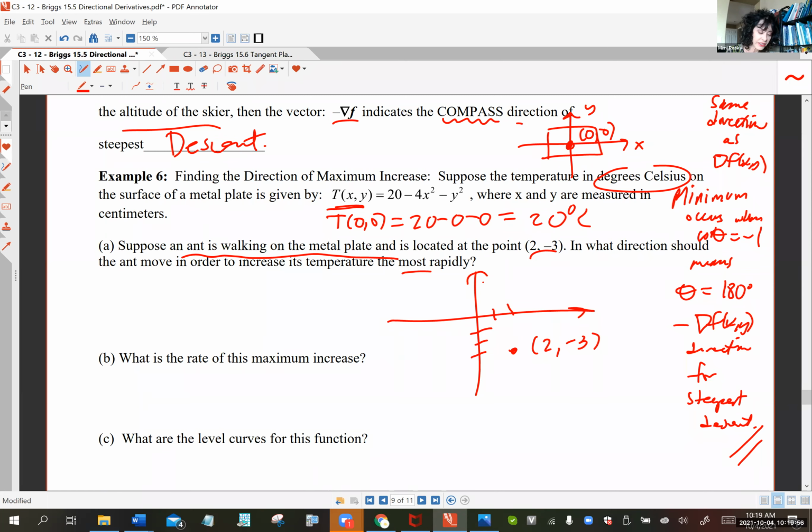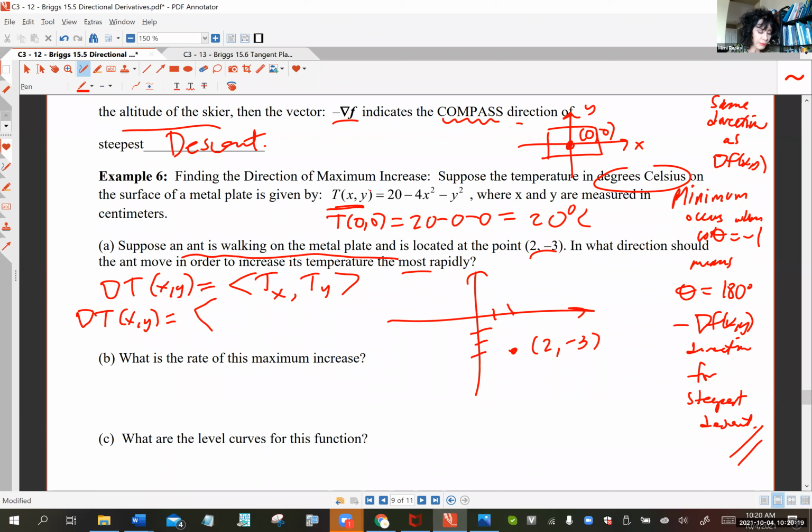Well, the answer is he should move in the direction of the gradient, del T. And that vector is given by a vector with the partials as the components. So let's first find the gradient, and then we'll evaluate it at the point where the ant is located.